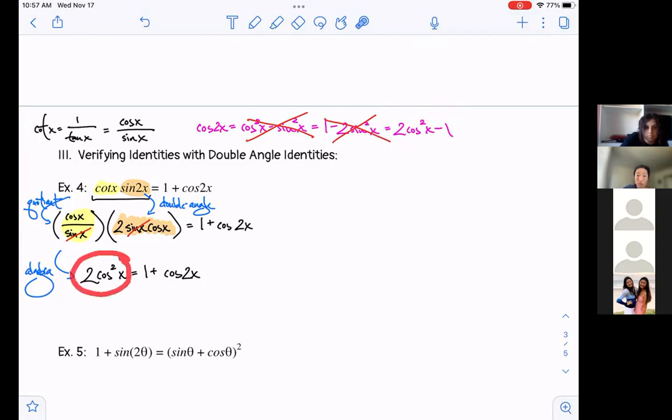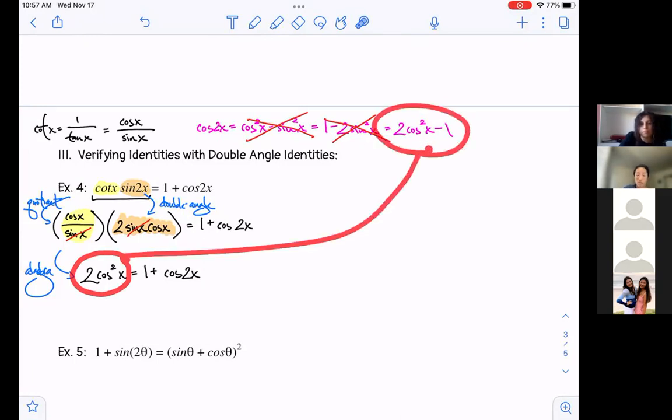That looks pretty similar to the left-hand side that I have here. How do I make these two look the same? I cannot move things. I cannot touch that right-hand side. But you've got the right idea though. Why did you want to move the 1 to the left-hand side?